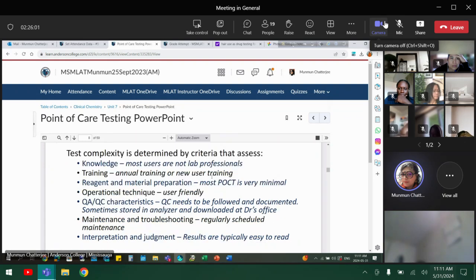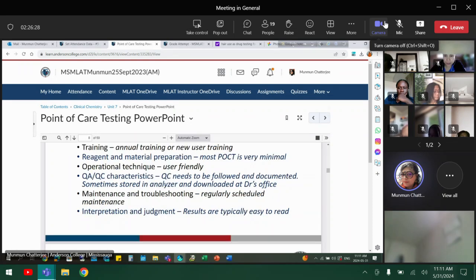Test complexity is determined by criteria that assess knowledge. Most users are not lab professionals. Annual training or new user training: if you are using a new kit, whoever is doing that, you have to give them the training. Reagent and material preparation: most POCT needs very minimal training.